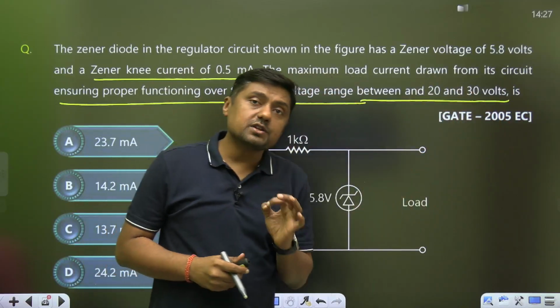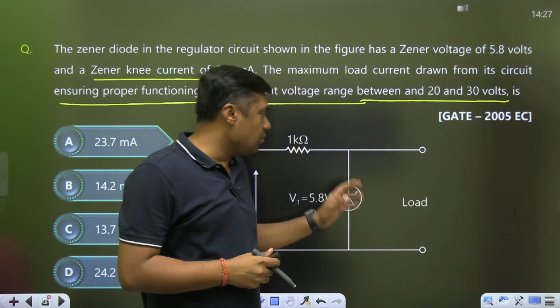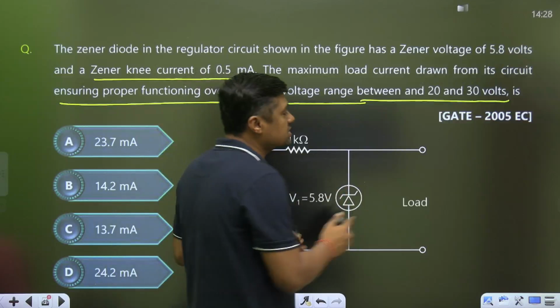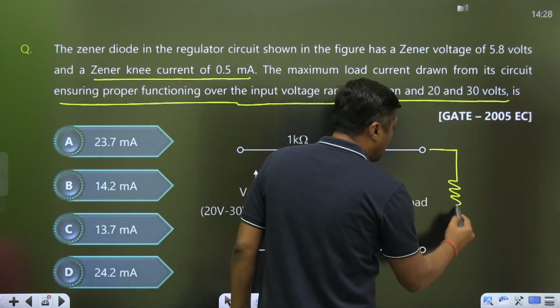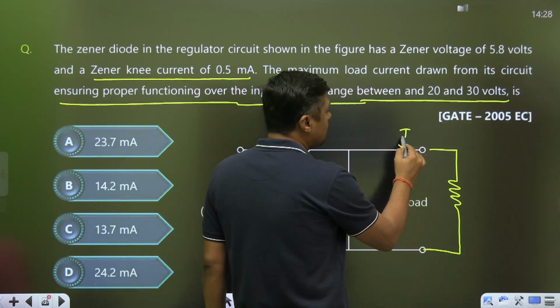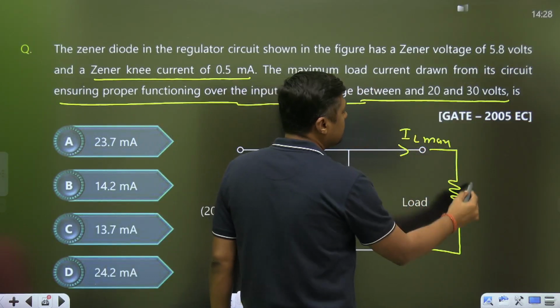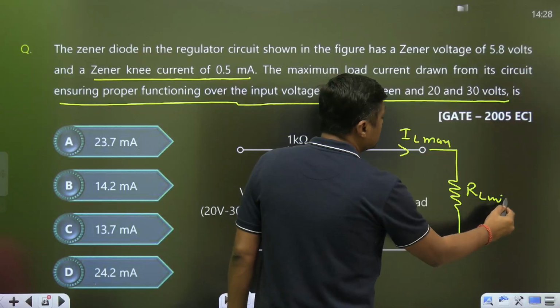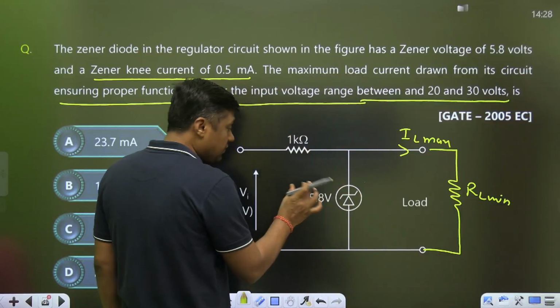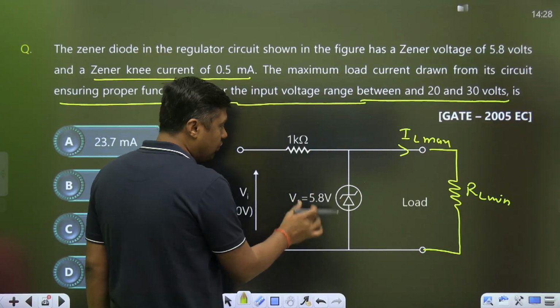For proper functioning of the circuit, what is the maximum load current drawn from this circuit? When you are connecting the RL, what is the maximum load current drawn from the circuit? Means when RL is minimum. RL is minimum and V0 will remain fixed, that is the 5.8 volt.